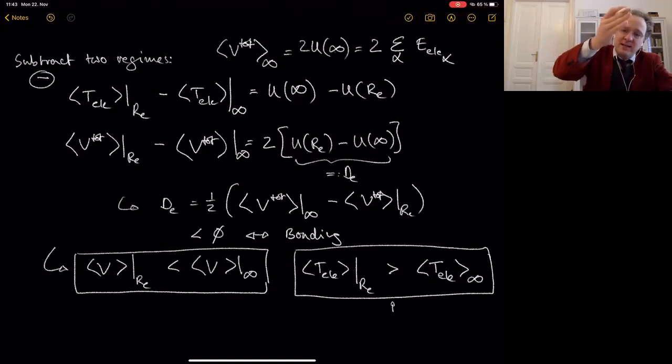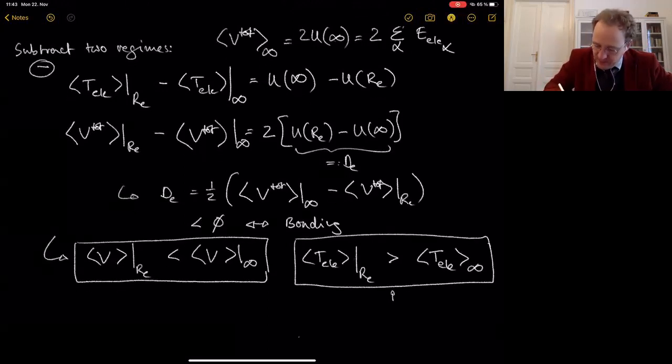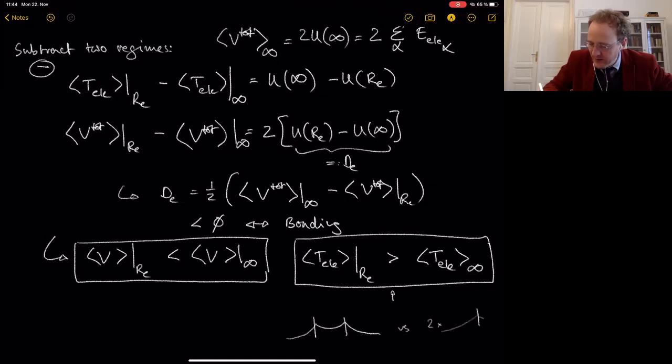It has this shape going from one nucleus to the next. So if you consider an electron density in a bond versus 2 times something like this, it's clear which one has more curvature.